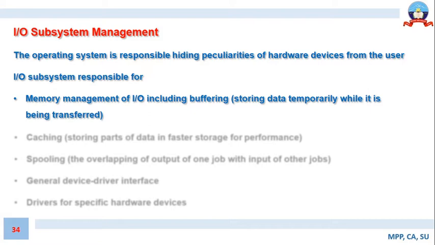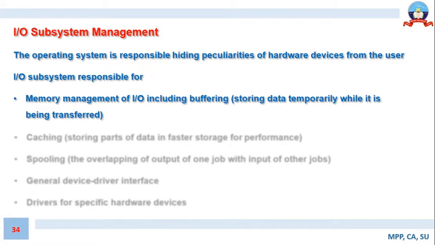So in order to establish coordinated and complete communication between the IO device and the central processing unit, we require a proper memory management technique. There has to be an efficient memory management technique that is capable of ensuring consistent and complete communication between the computer system and the IO devices.